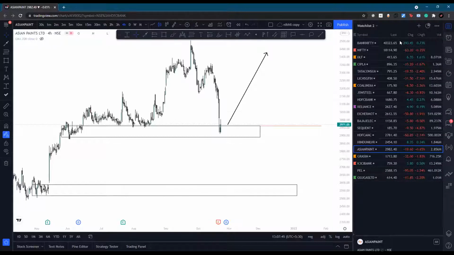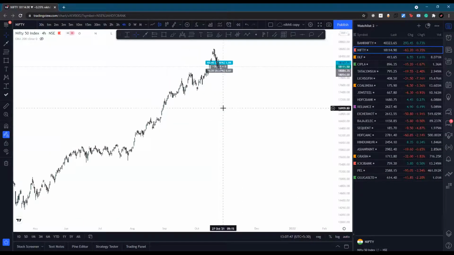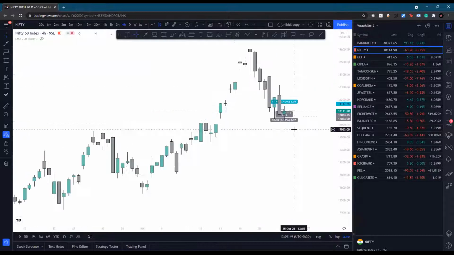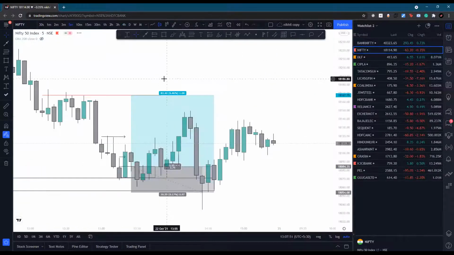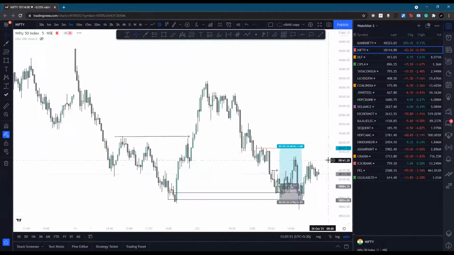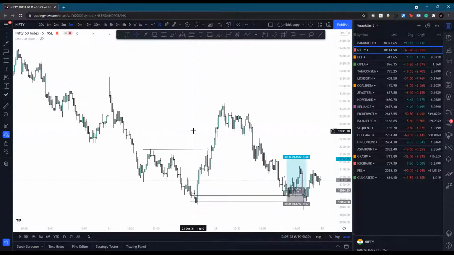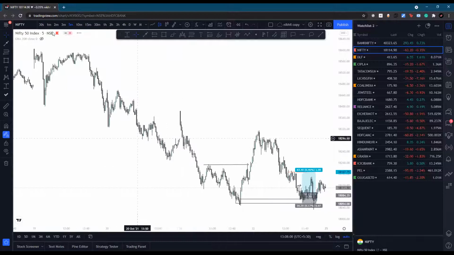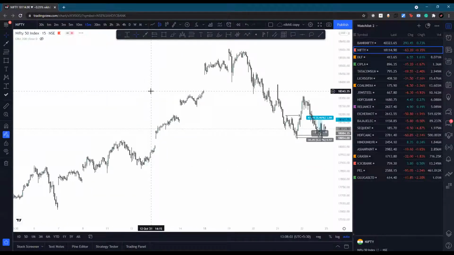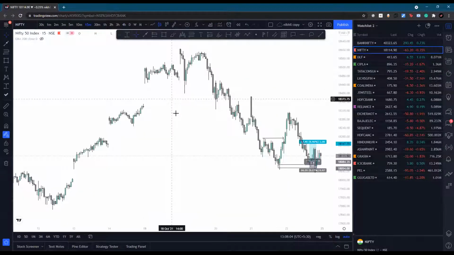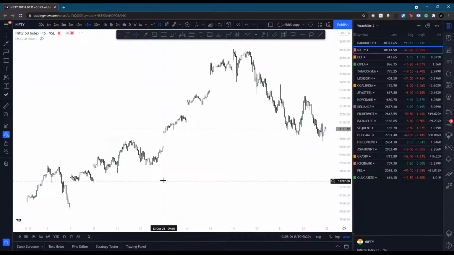Okay, let's do our last and final analysis on Nifty 50 and Bank Nifty. So yes, on Friday, both indices were a little bit choppy, and I wasn't able to take any trades.